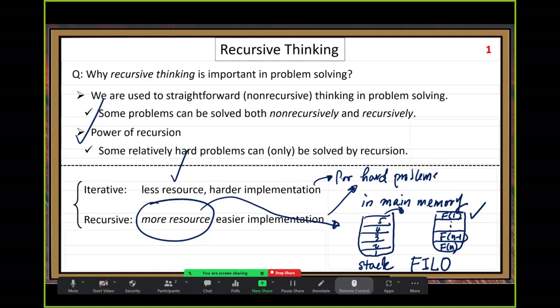Then you retrieve f3 from the stack, do the operation, and so on, until you process the whole stack. In order to get the bottom value, you need to do the computation from top to bottom through the whole stack. You use a lot of resource, right? Because the stack in main memory could be very deep.